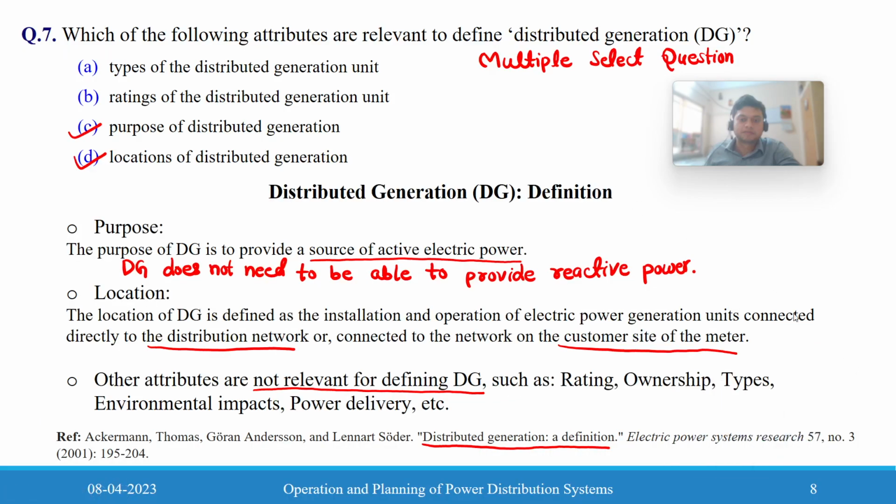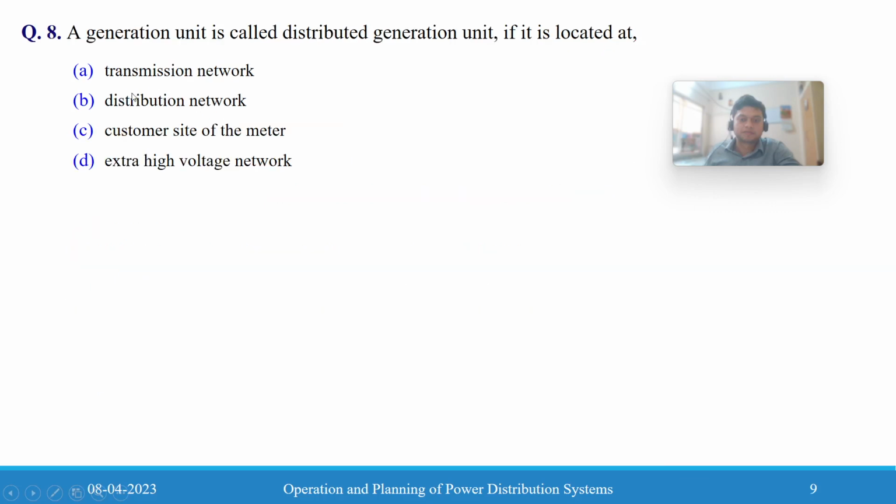So now come to the next problem, question number 8. This one is a very simple problem. A generation unit is called a distributed generation unit if it is located at: A option is transmission network, B option is distribution network, C option is customer side of the meter, D option is extra high voltage network.